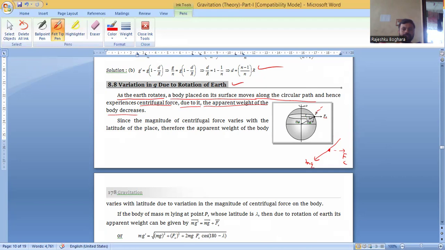Now this is the angle lambda, this is also lambda. Now take two components. Draw a perpendicular, so Fc cos lambda and Fc sin lambda.